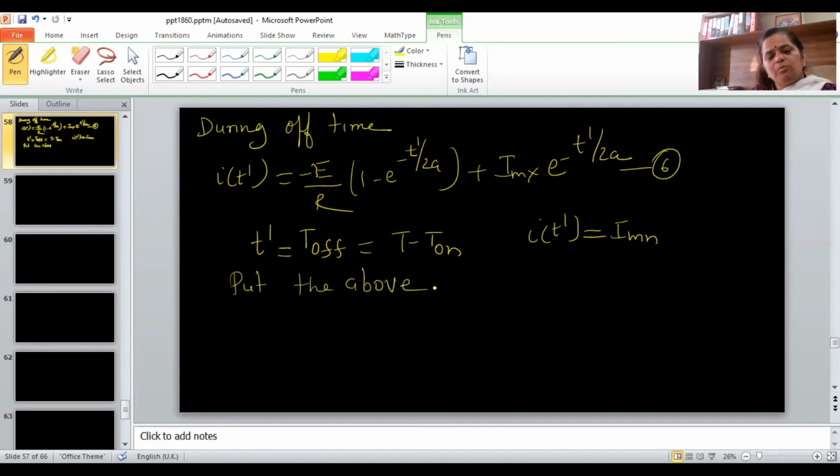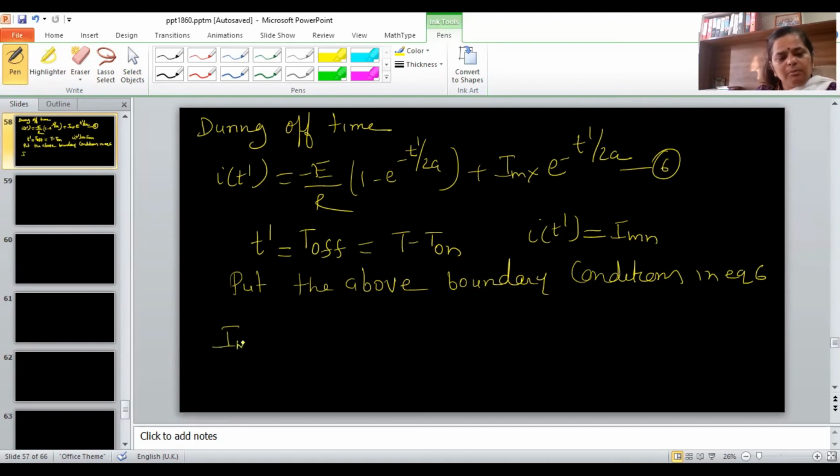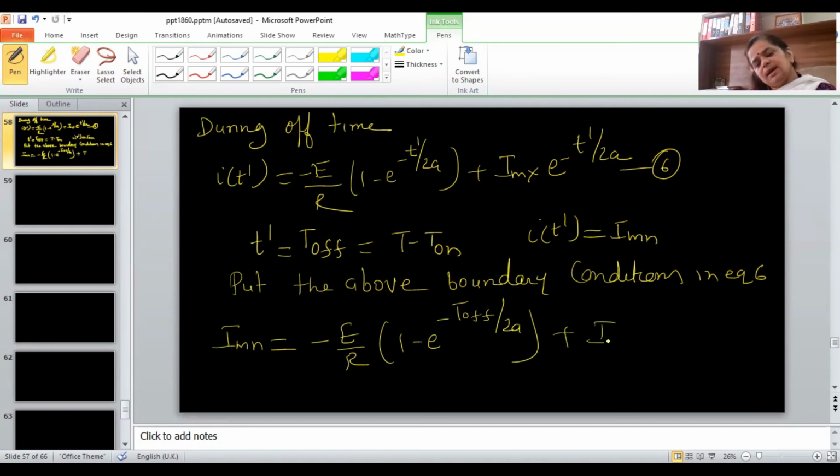So put the above boundary conditions in equation 6. What am I going to get? I minimum is equal to minus E by R (1 minus e to the power minus T off by TOA) plus I max e to the power minus T off by TOA.